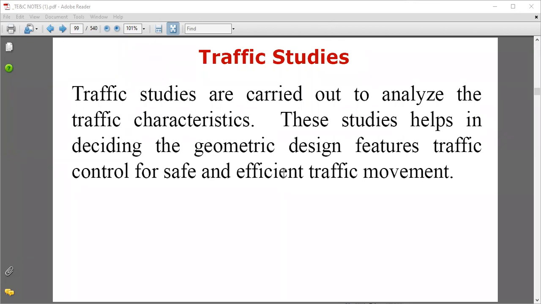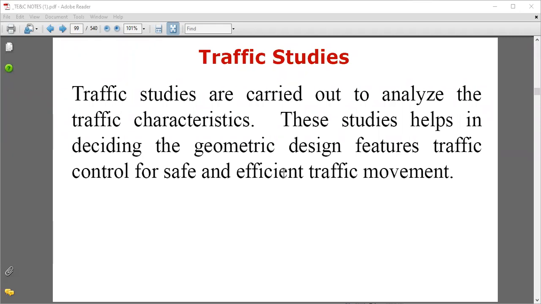Okay, so for what purposes do we do the traffic study? We have to collect information about the vehicles going on the roads, and then divide the different types of vehicles.